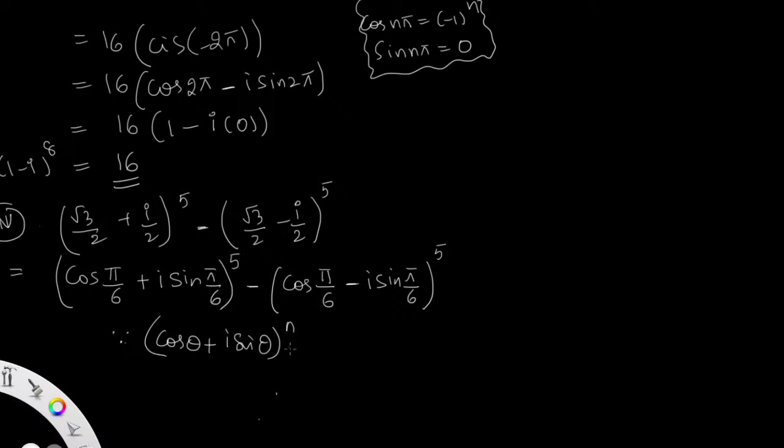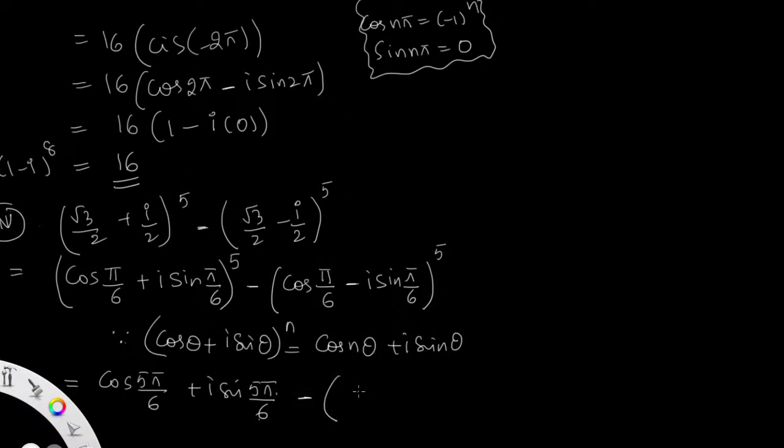Write all the formulas. Cos n theta plus i sin n theta: the power joins with its argument, so that is cos 5 pi by 6 plus i sin 5 pi by 6, minus, in between brackets, cos 5 pi by 6 minus i sin 5 pi by 6.